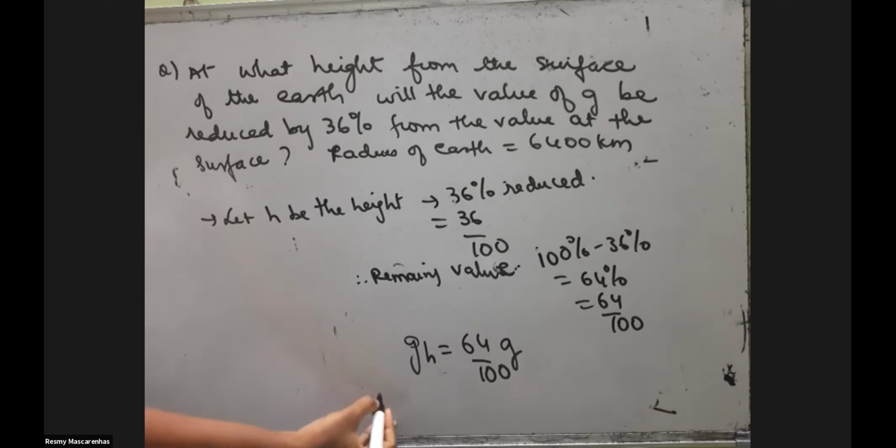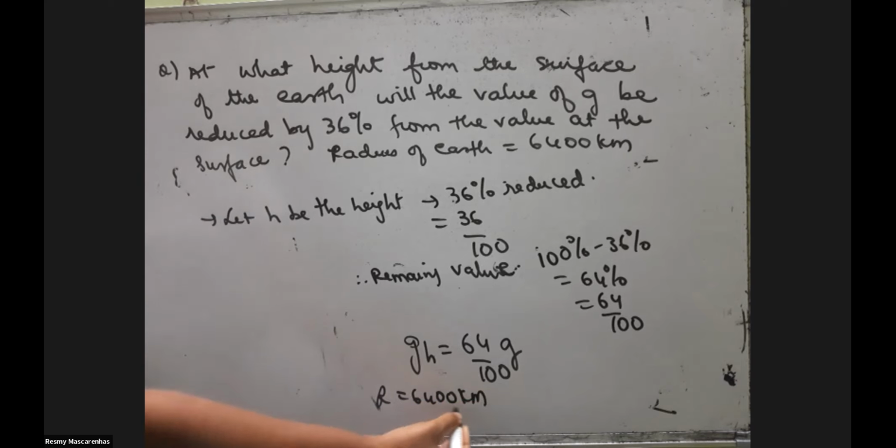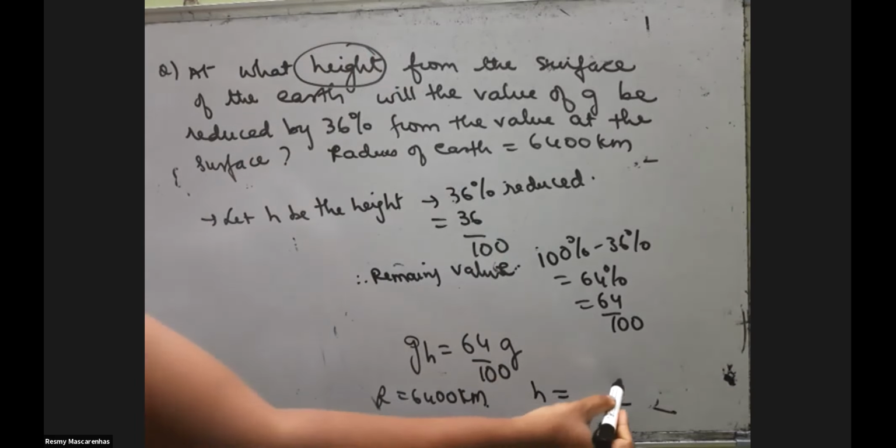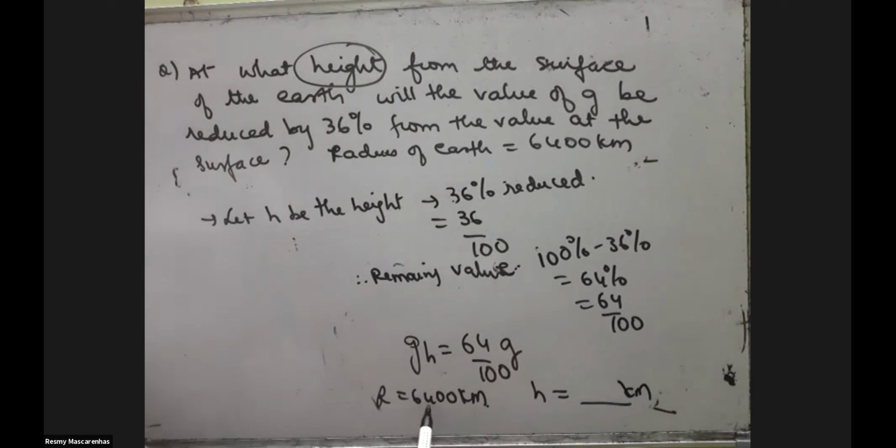Our radius of the earth is 6,400 kilometers. One thing you can do is, if your teacher asks you to write the answer in kilometers only, then you can keep it like this. If you are substituting in kilometers, then the height you calculate will also be in kilometers. But if you are converting into meters, then this will be in meters. So whichever way your teacher is using, if you are substituting 6,400 directly, make sure you write the height also in kilometers.